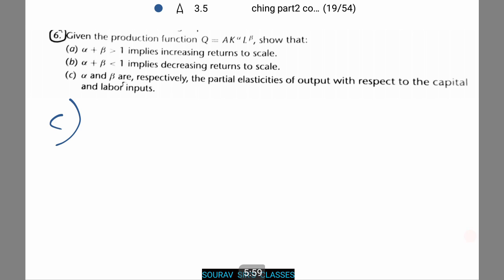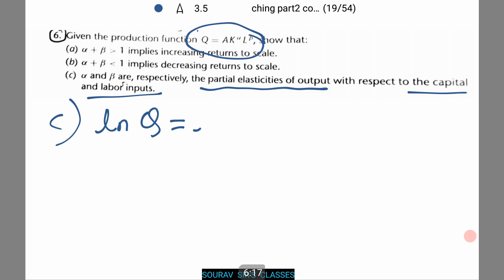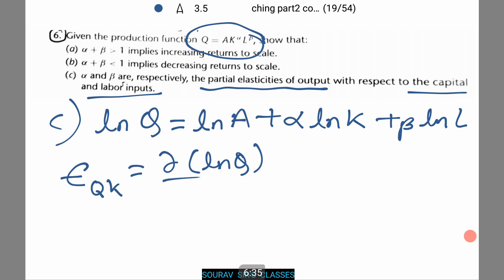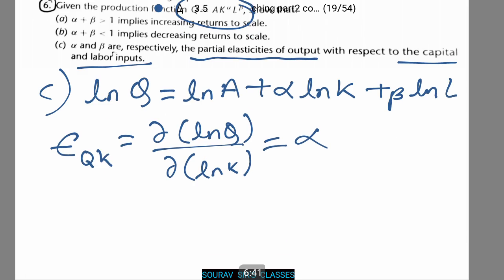Now the third question is a bit mathematical. Alpha and beta are respectively the partial elasticities of output with respect to the capital and labor inputs. We need to show this. How? Let's take log of this function, that is ln Q equals ln A plus alpha ln K plus beta ln L. Thus elasticity QK equals delta ln Q by delta ln K, which equals alpha.